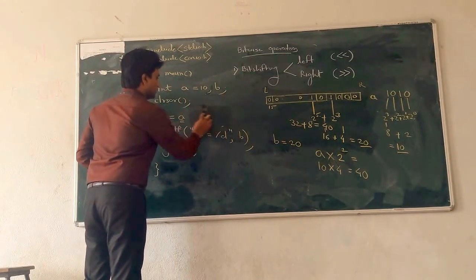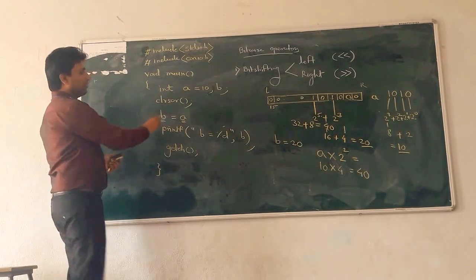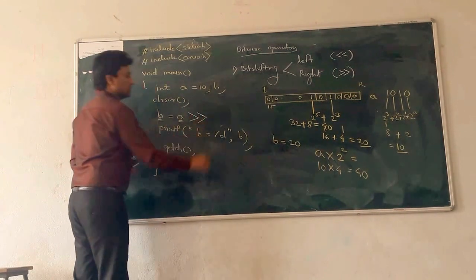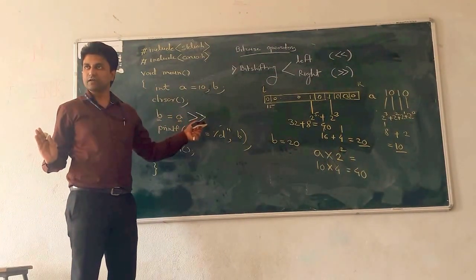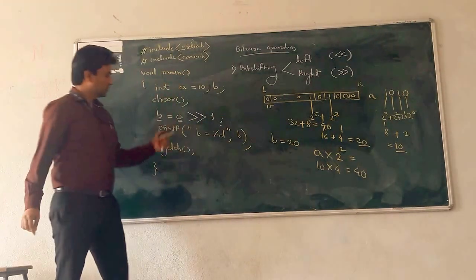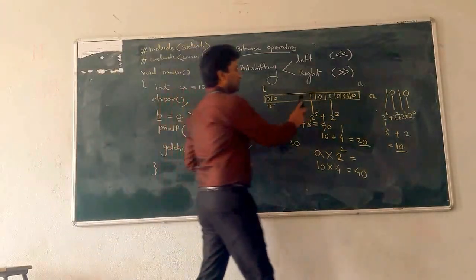What is the meaning of right shift operator? Same program, no change. B is equal to A right shift means this notation. This is called the right shift operator, right shift by one bit. So, what is the output?